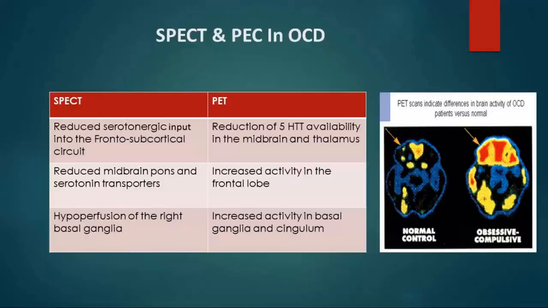Various parts of the brain are engaged in a certain type of activity compared to the normal brain. These two subjects were exposed to the same item, but we realized that the obsessive compulsive disorder patients have heightened or increased brain activity compared to the normal patients.